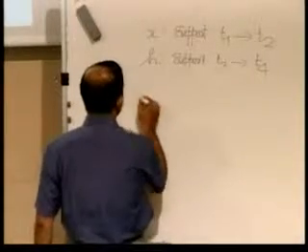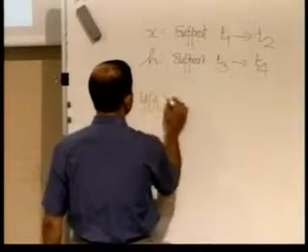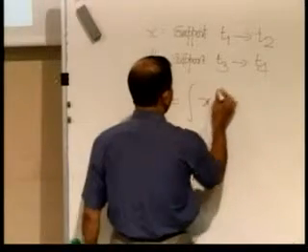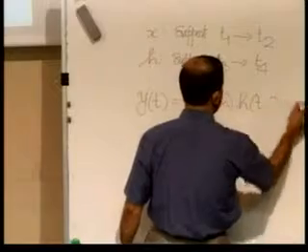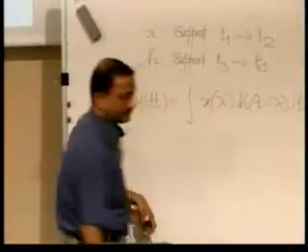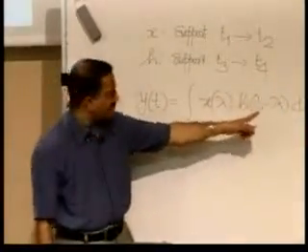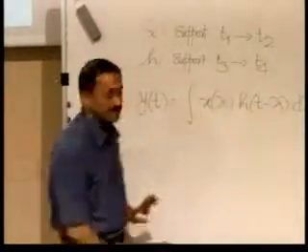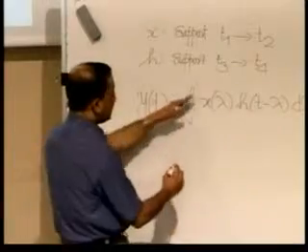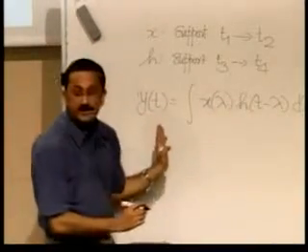So you see the convolution y(t), described by the integral of x(lambda) into h(t minus lambda) d lambda. Now, when is this convolution going to be non-zero?